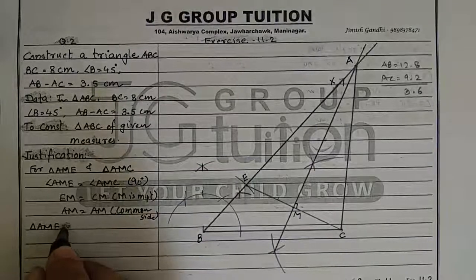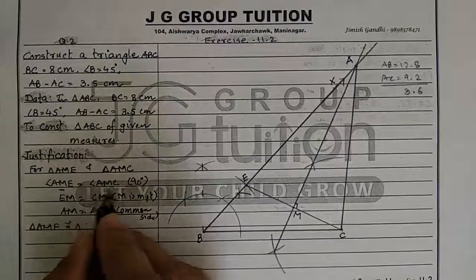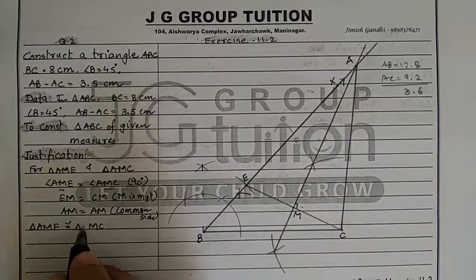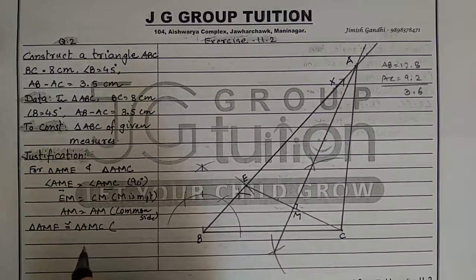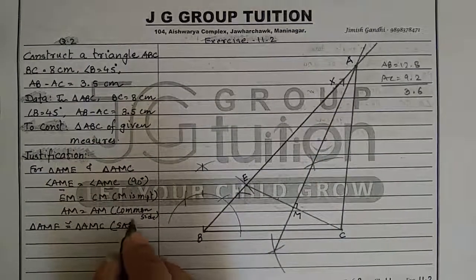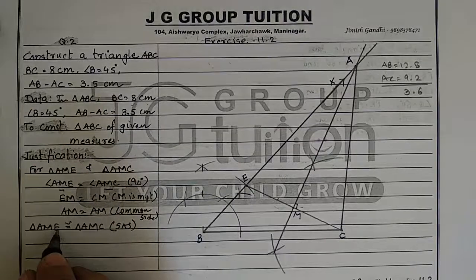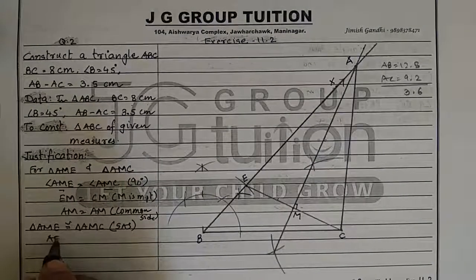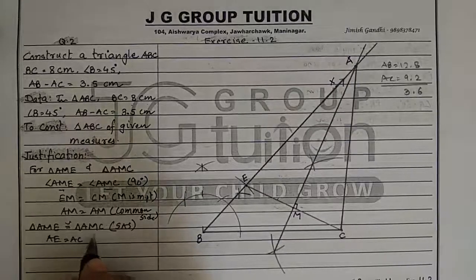Triangle AME is congruent to triangle AMC, with M corresponding to M, E to C, and A to A. Here we have used the side angle side criterion. By CPCT, AE is also equal to AC.